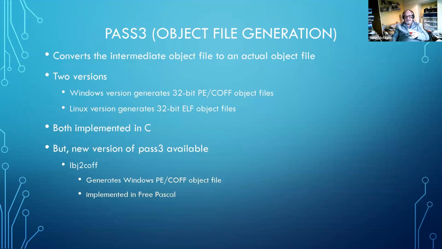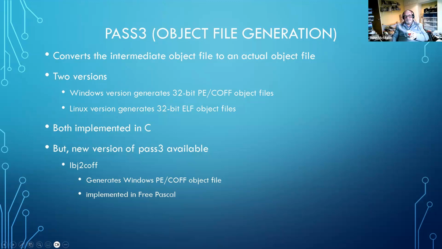Pass3, again, to reiterate, it takes the intermediate IBJ file and creates the actual object file. But there are two versions, as I say, one for COFF and one for ELF. Both have been implemented in C, but I also scribbled an IBJ to COF program in 3 Pascal, and it seems to work.